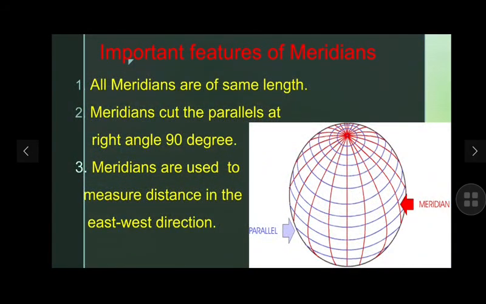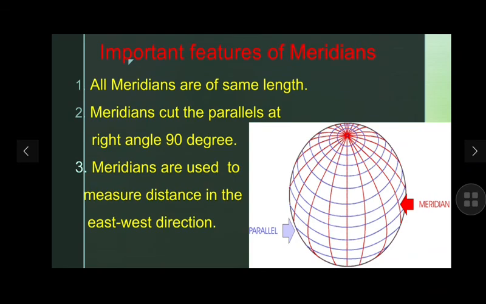Now we are going to see some of the important features of meridians. When you see meridians, you can see that all the lines are of the same length. That means that when they are drawn from north to south pole, they have the same length. Second, meridians cut the parallels at a right angle, 90 degrees.